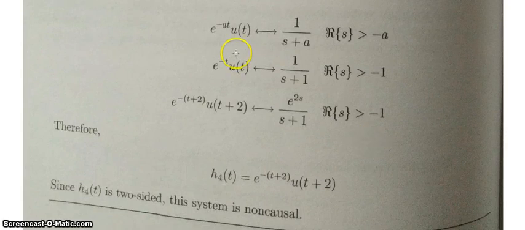We know e^(-at) u(t) has Laplace transform 1/(s+a), and ROC is real part of s greater than -a. So 1/(s+1) has inverse e^(-t) u(t). In the question, what is given is e^(2s)/(s+1).